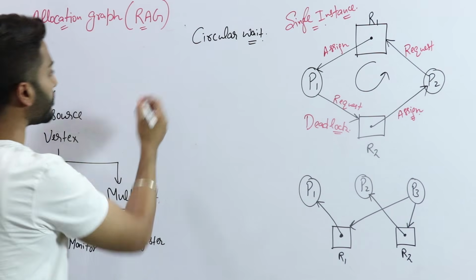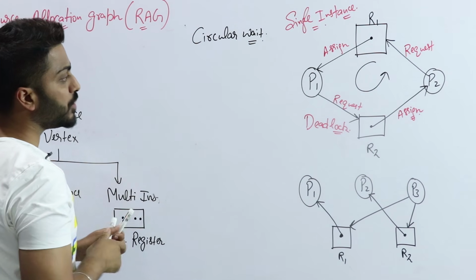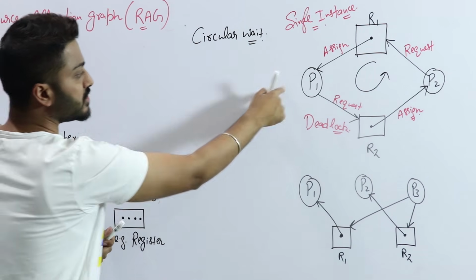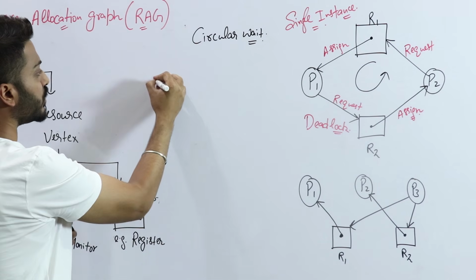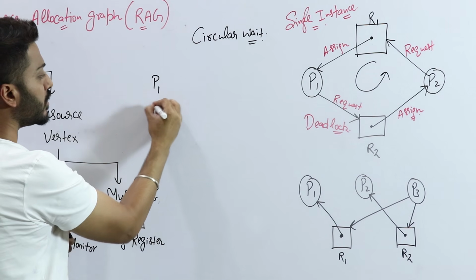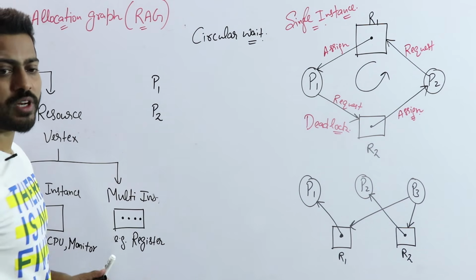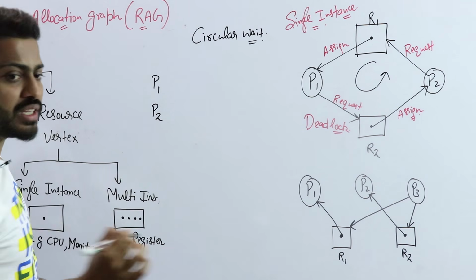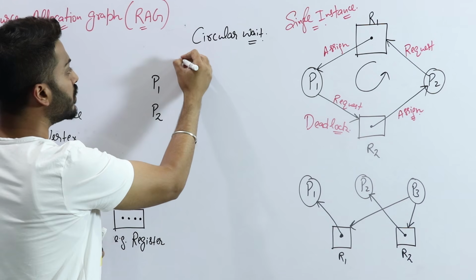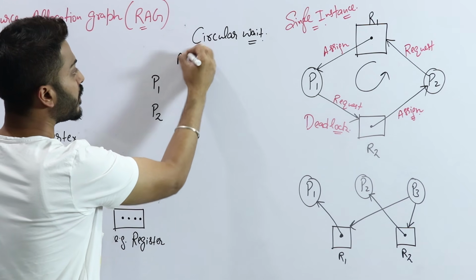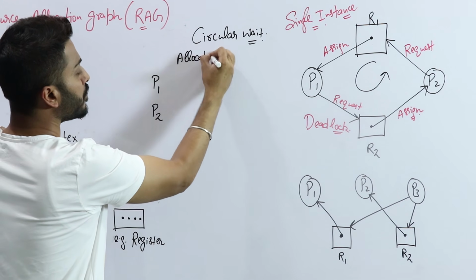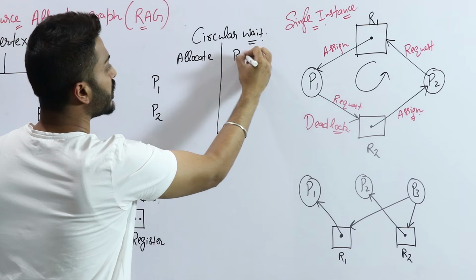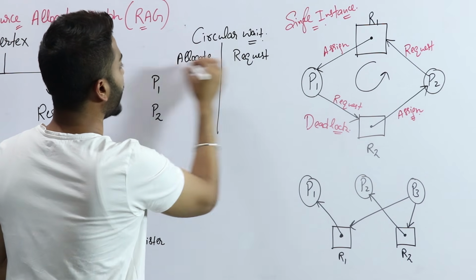Let's examine that. How many processes do we have in this diagram? 2. P1 and P2. Let's make the diagram.